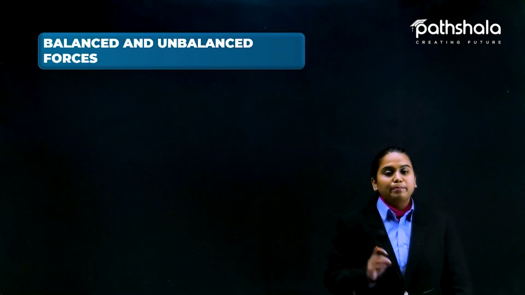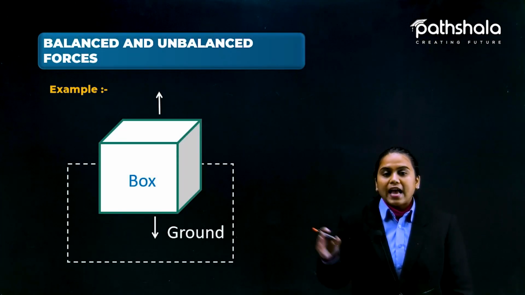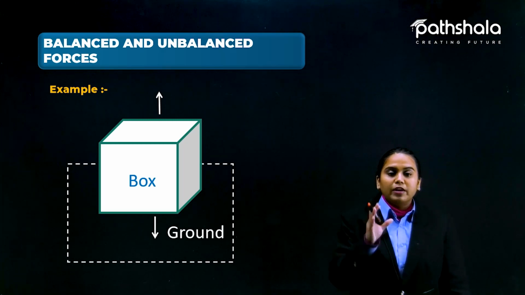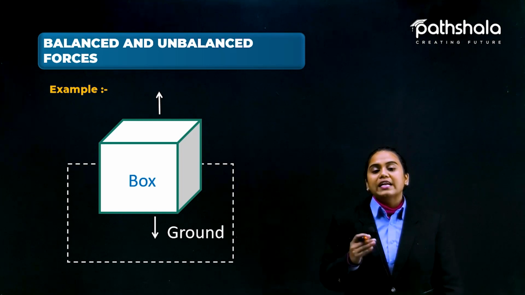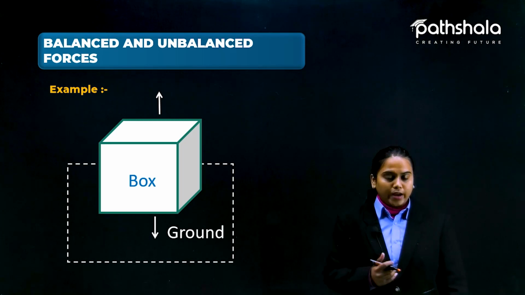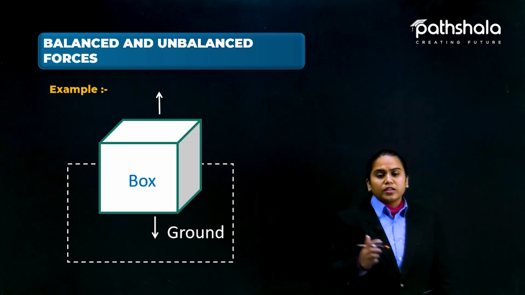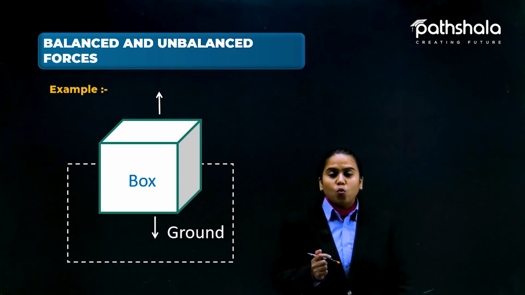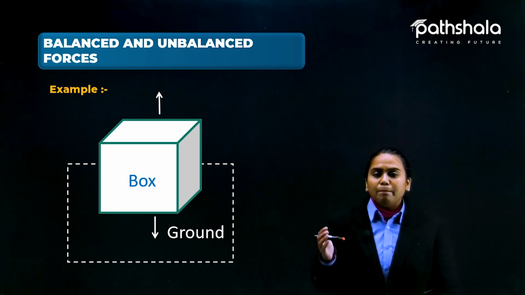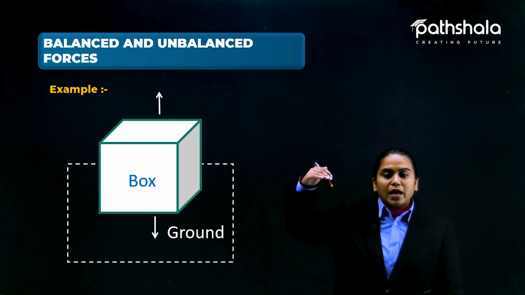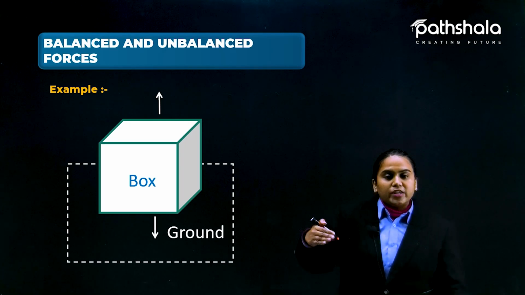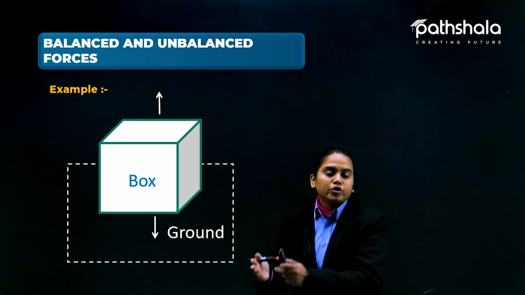So students, let us take one more example of balanced force, which is anything that is put on the ground. If you are standing on the ground, you are exerting force in the downward direction. Just suppose that this box is exerting force in the downward direction. Why is it not making a pit inside the ground, and why is it not going downward?